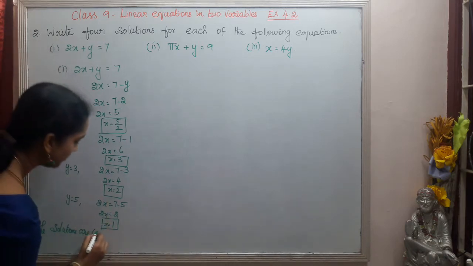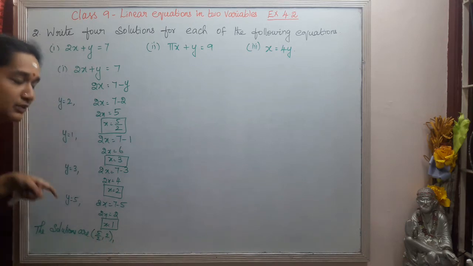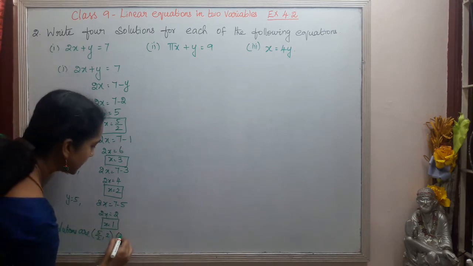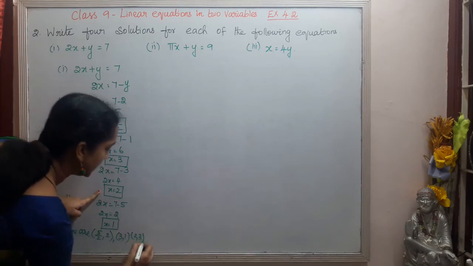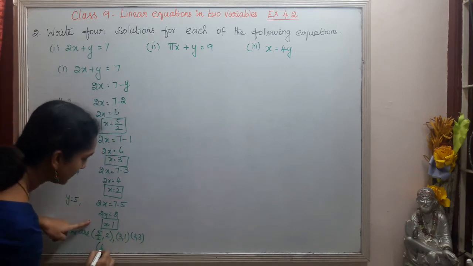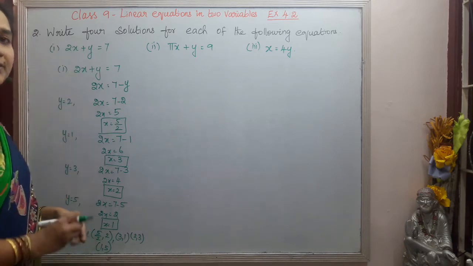That is (5/2, 2), this is the first solution. Then (3, 1), then (2, 3) and (1, 5). So these are the solutions for the first sum.